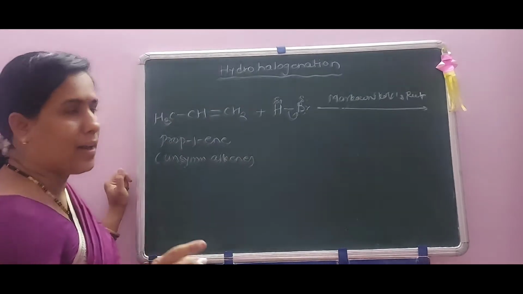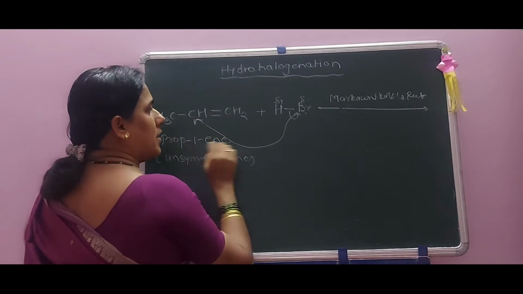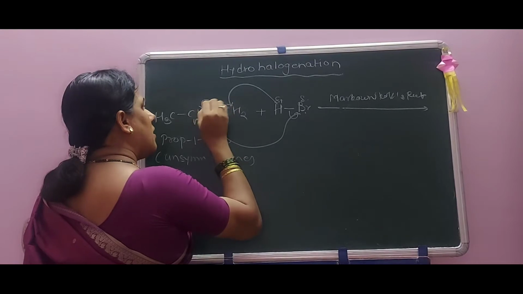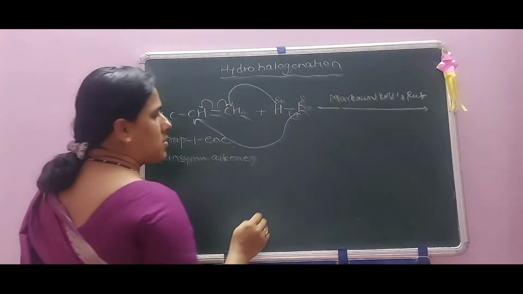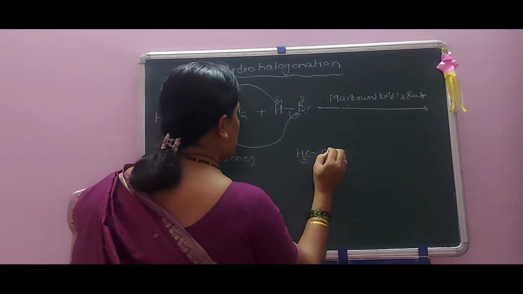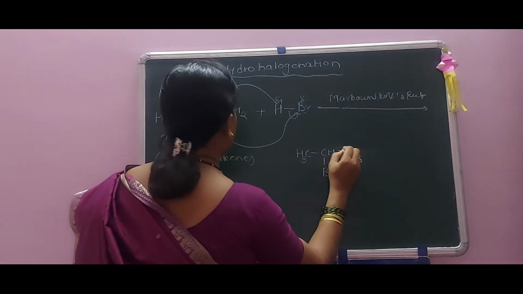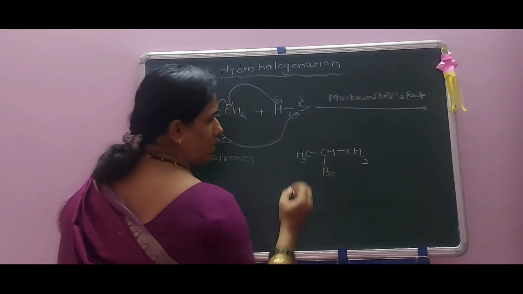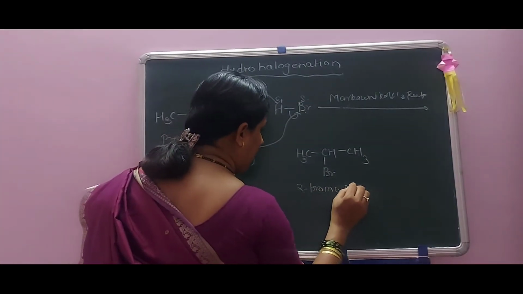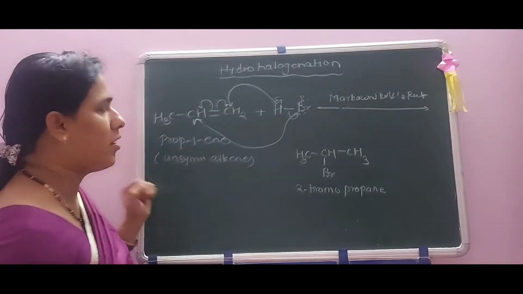Br gets attached to that carbon atom and H gets attached to the other. The double bond is broken, and there is formation of CH3 CHBr CH3. The name of this compound is 2-bromopropane. Okay, got the answer?